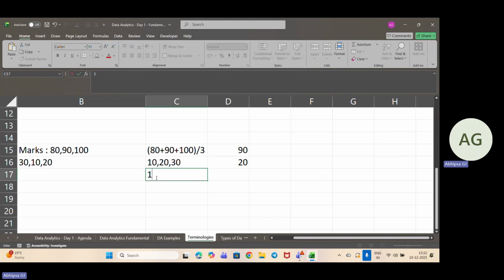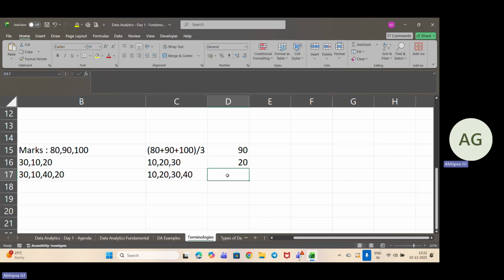Now, if the values are 30, 10, 40, and 20, in that case, first we need to sort it: 10, 20, 30, and 40. There are four numbers, right? Since there are four numbers, two numbers are coming in the middle, that is 20 and 30.